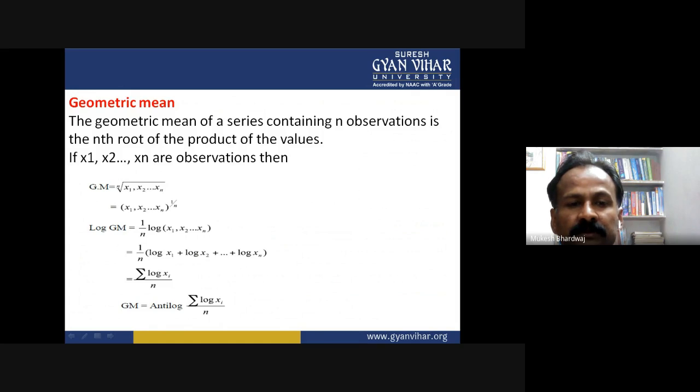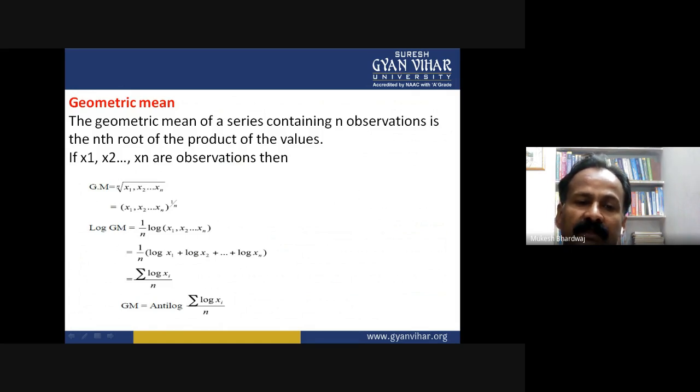Finally, take the logarithm on both sides and apply the properties of logarithm. So log m to the power n can be written as n log m. So 1 by n log of x1 x2 x3 multiplication.